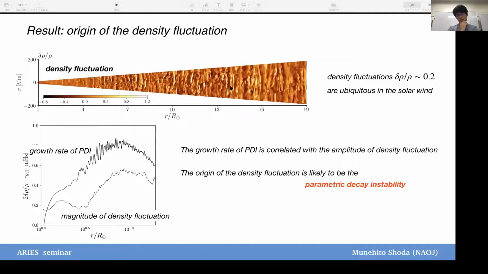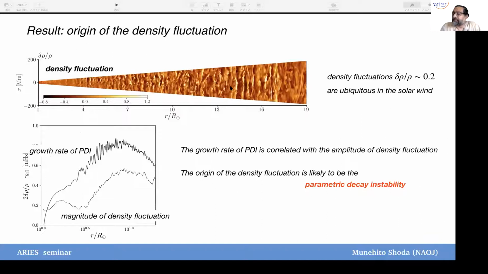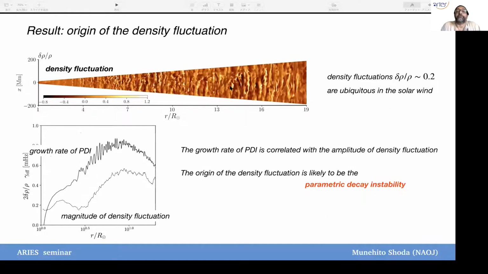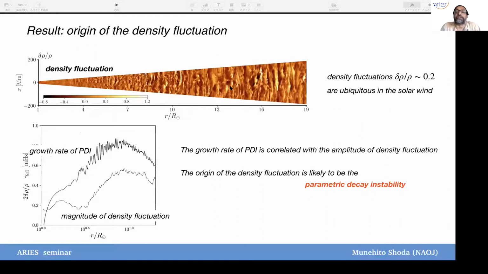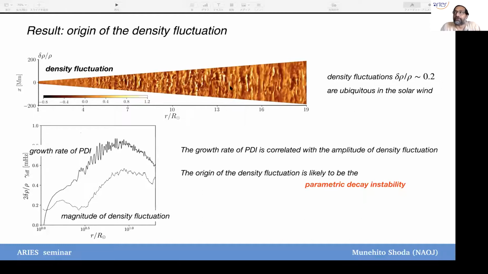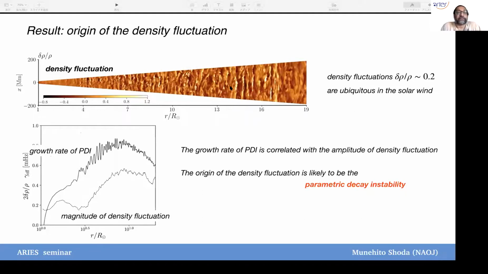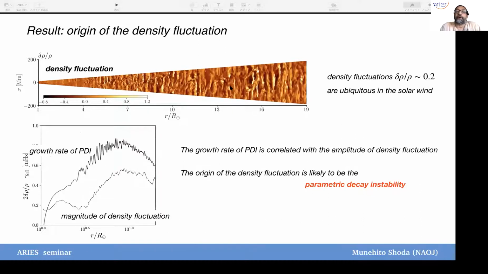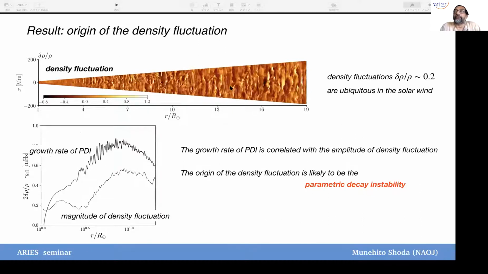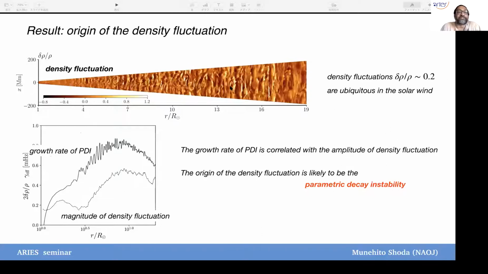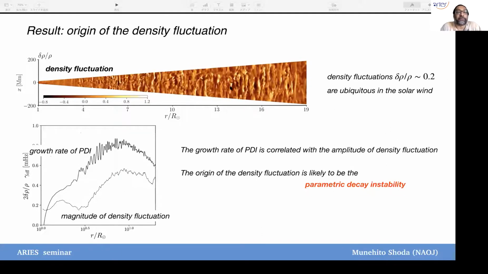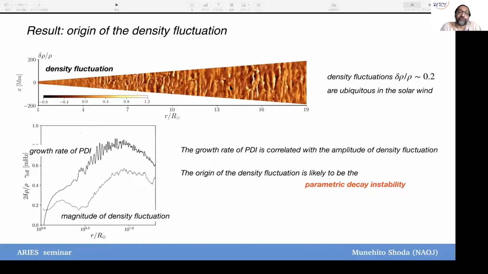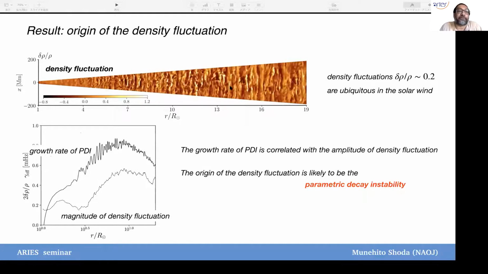I was just going to add that with your permission, Shoda-san. The density fluctuation that Shoda-san is referring to is more related to the wave phenomena and the associated turbulence. And what you, Ritesh, are pointing out probably involves some more instability effects. It could be parametric instability. It could be a result of some other reconnections.